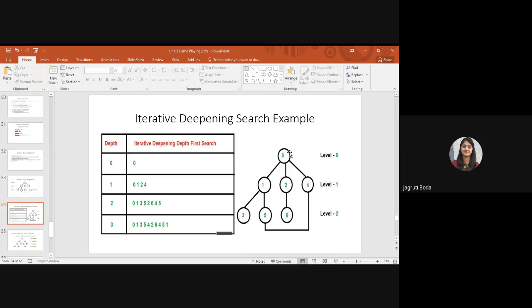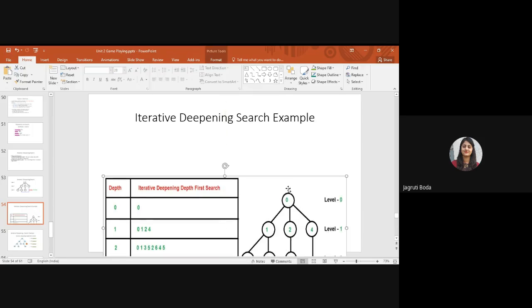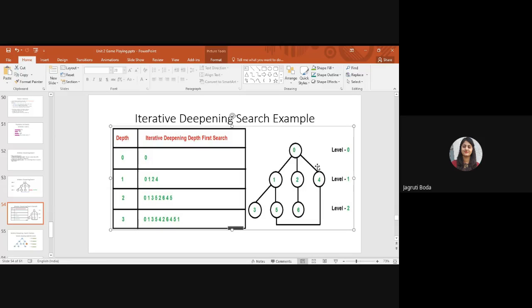So 0, then 1, then 3, then their child 5, then 0 has a 2 and their child is 6, then 4, 4 has a child 5 and 5 also has a link with 1. So you write 1 because this is your level number 3.